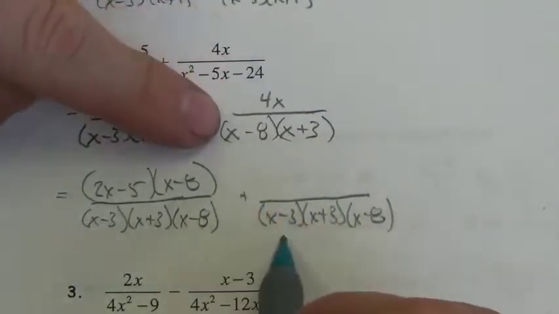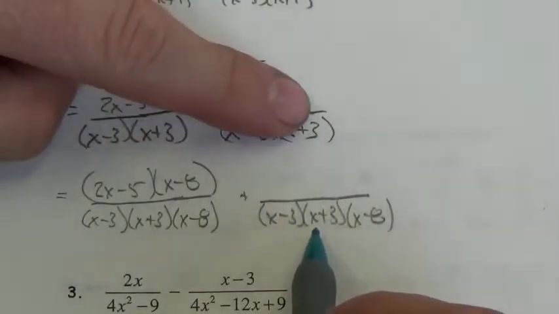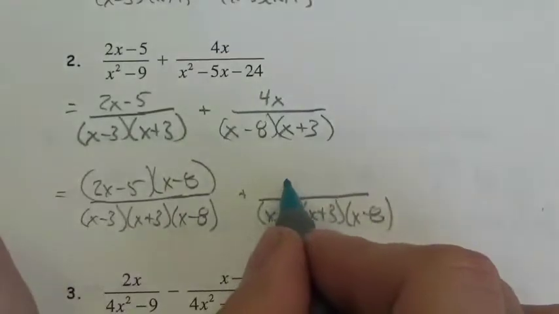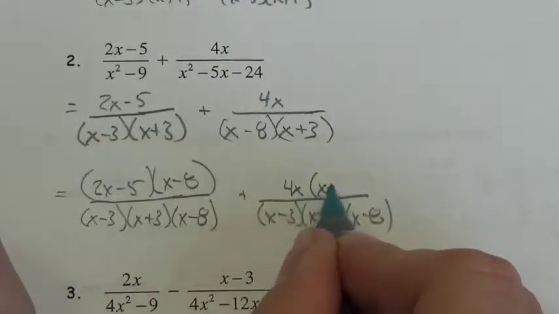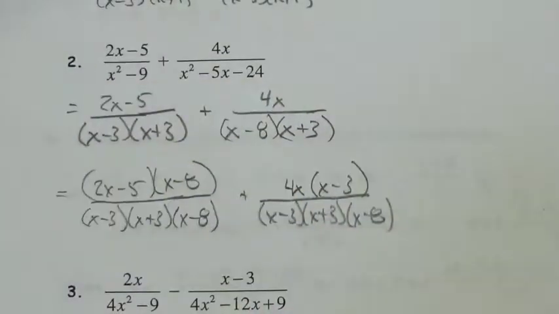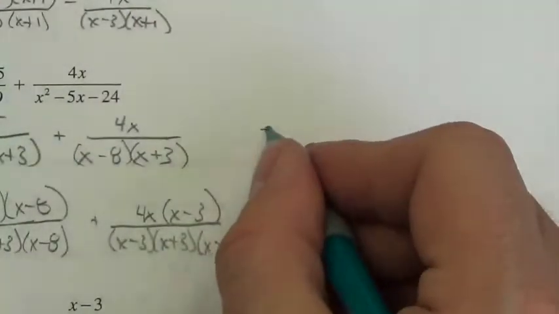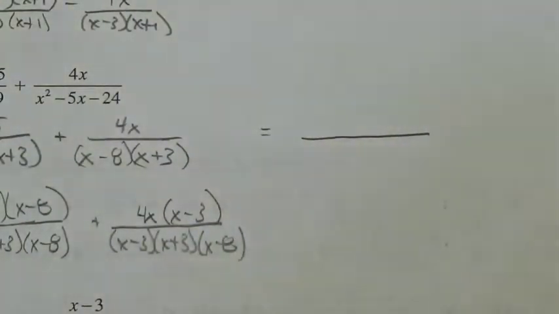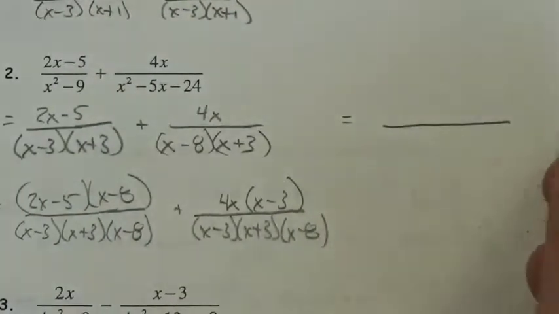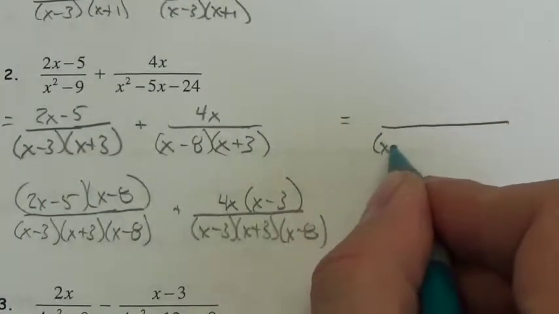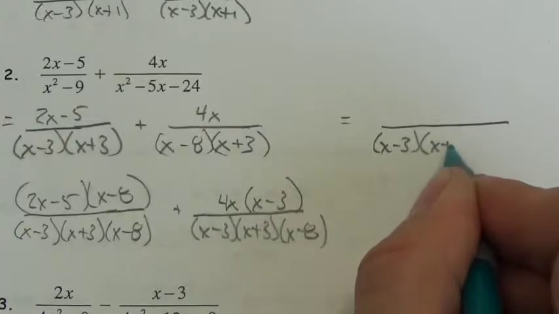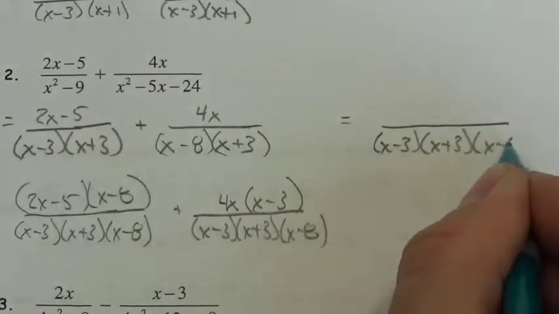Over here, my denominator's got the x minus 8, I've got the x plus 3, so I'm missing the x minus 3 factor. So I've got to include that. All right, now my denominators are identical, so I can put this whole thing over the same denominator, and I'll make sure we can see all the pieces here. So this will be over x minus 3, x plus 3, x minus 8.